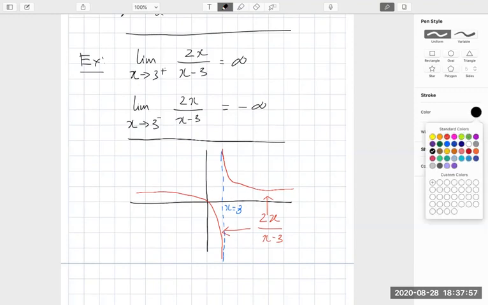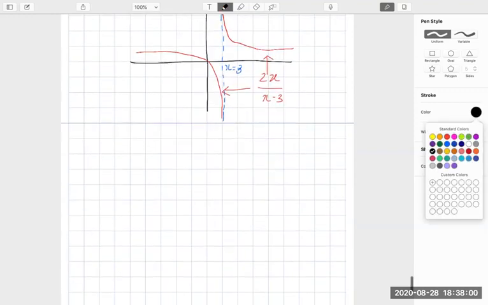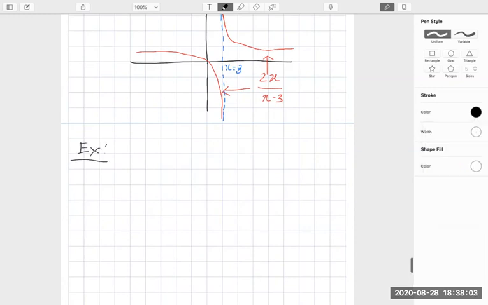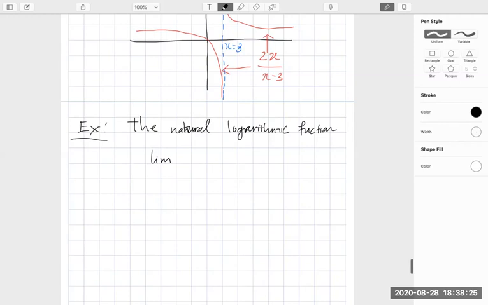So let us consider another example about the natural log function. The limit of natural log of x as x approaches the right side of 0 should be negative infinity.